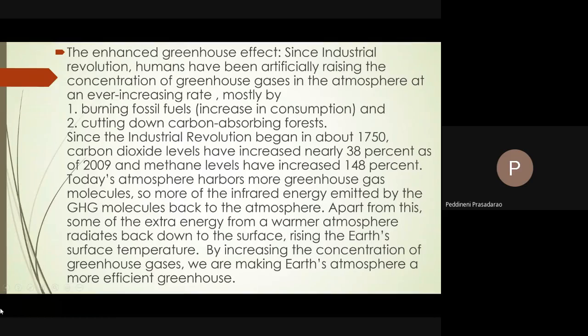Some of the extra energy from a warmer atmosphere radiates back down to the surface, raising the surface temperature. By increasing the concentration of greenhouse gases, we are making Earth's atmosphere a more efficient greenhouse, and the very purpose of a greenhouse is to increase the temperature. So in the lower atmosphere, the temperatures are slowly and steadily increasing.